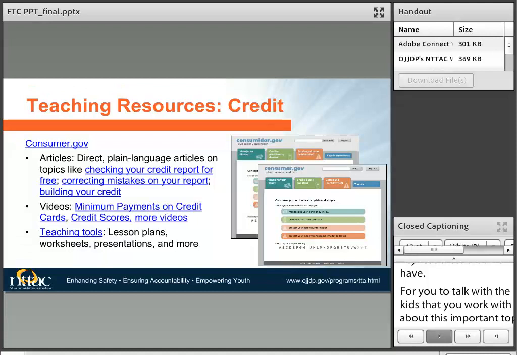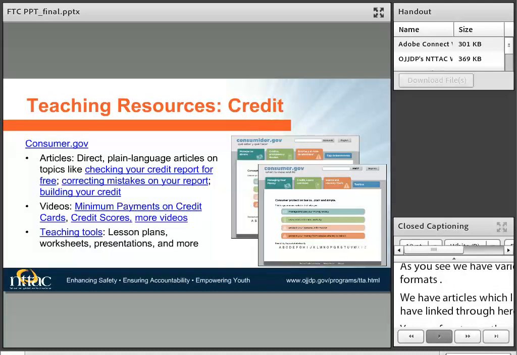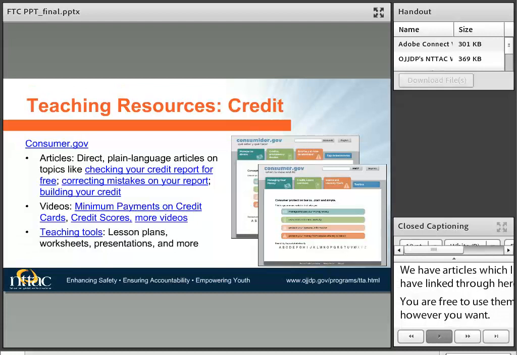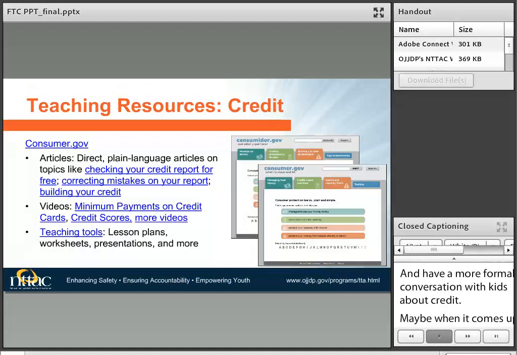We have articles, which I've linked to here, and you're free to use them however you want, whether you want to print them out or go over them or read them more thoroughly, and have more informal conversations with kids about credit, maybe when it comes up, if they talk about applying for a cell phone or seeing an ad on TV about credit, that can be a great opportunity to have these conversations.